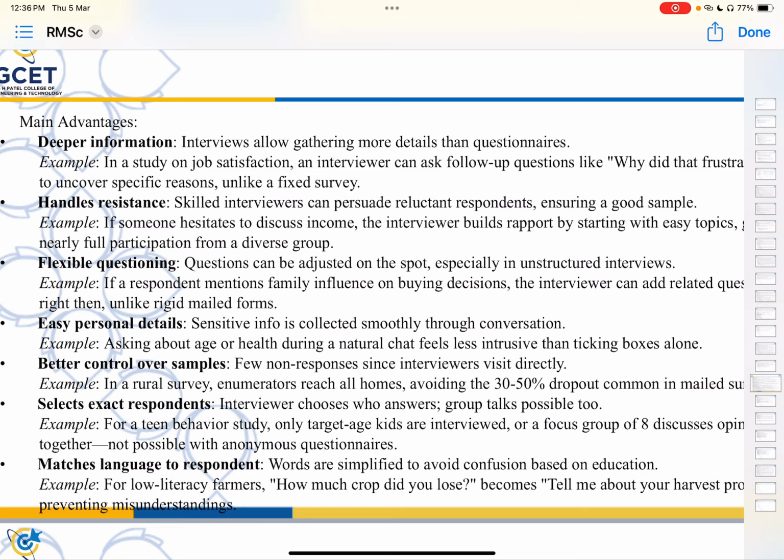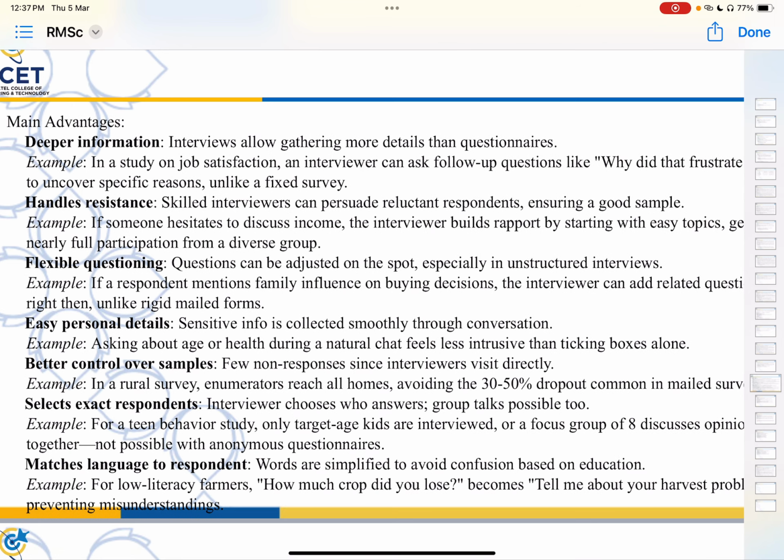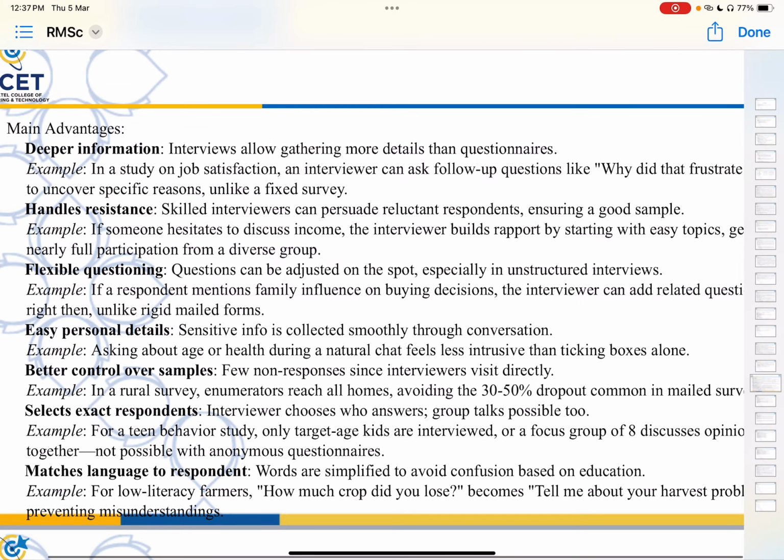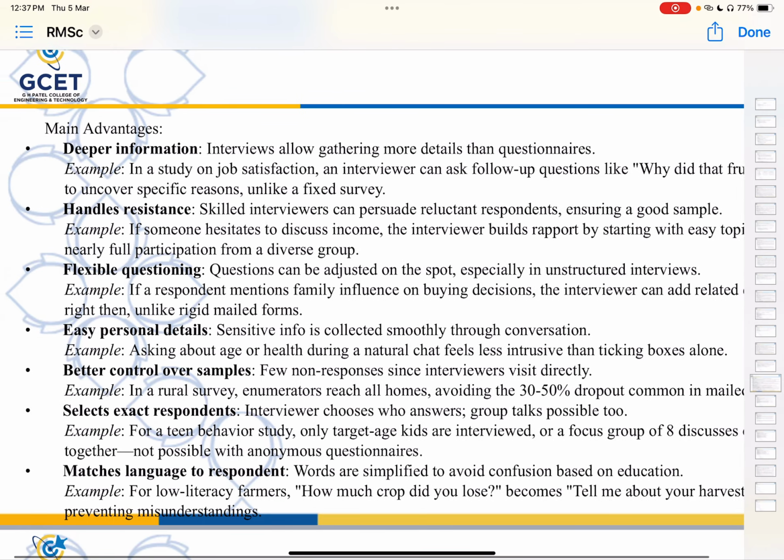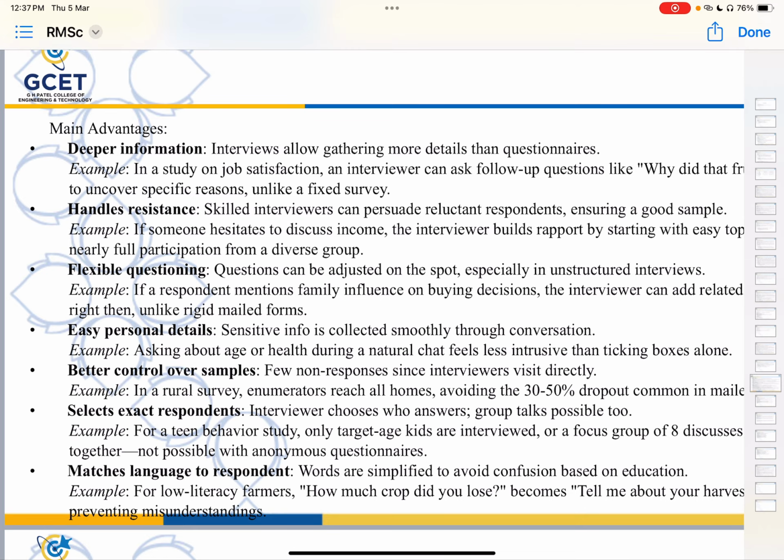Handles resistance: a skilled interviewer can persuade reluctant respondents, ensuring a good sample. For example, if someone hesitates to discuss income, the interviewer builds rapport by starting with an easy topic, getting nearly full participation from a diverse group.